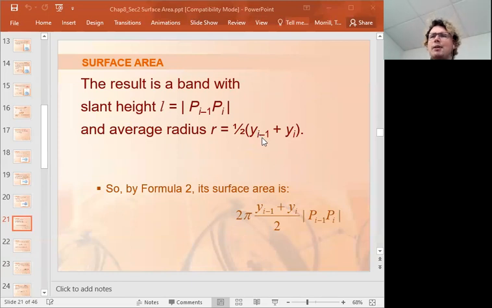Well, if I want to find the surface area of that, I will need to know the height of that band, and I will need to know the radius of that band. So here, the height is actually going to be the width here because it's on its side. The radius, well, the radius is just going to be the average of the two different y coordinates, like so.